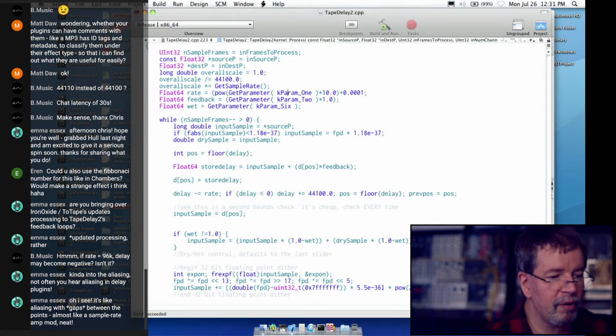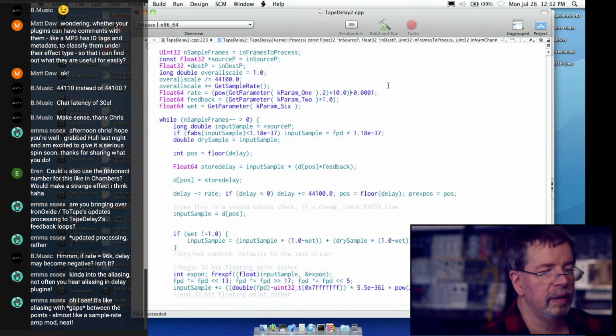Gotta love my power. There, so rate can be a little bit more easily manipulated, I believe. It's going to be harder to tell what unity gain is, but we don't actually care.